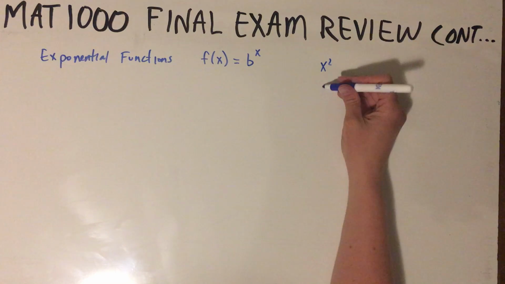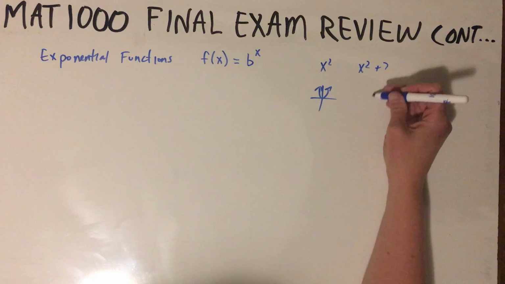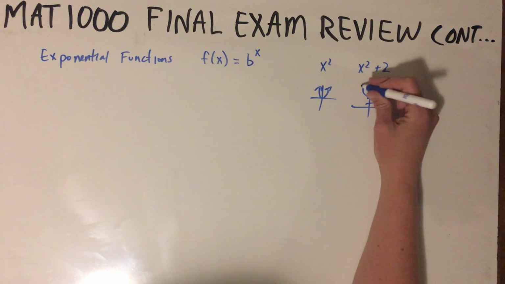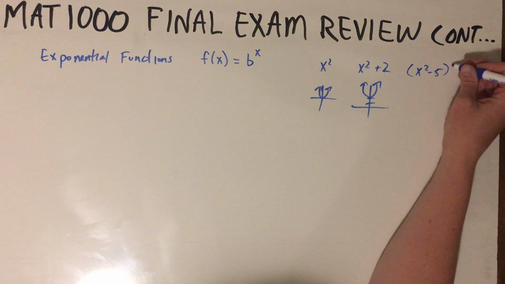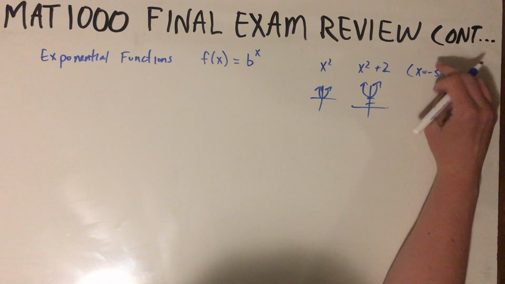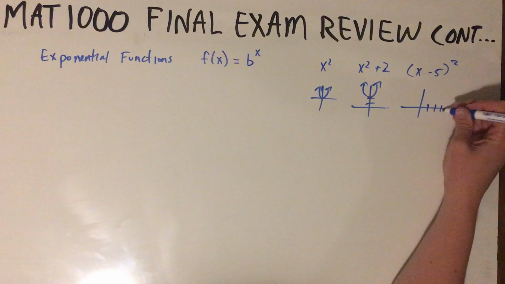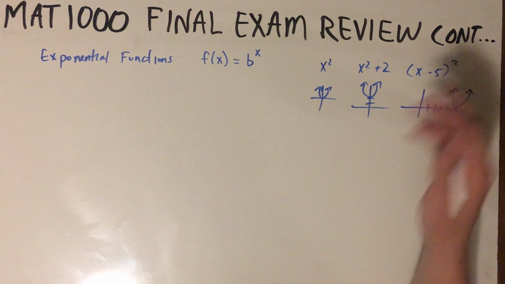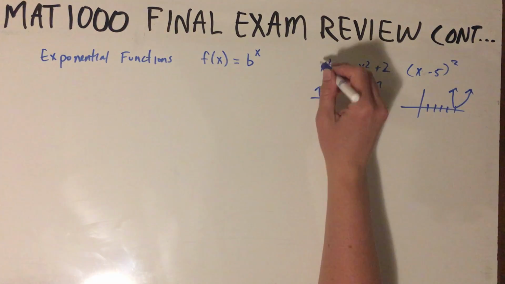If I have x squared plus 2, then that shifts everything up 2. And if I have x minus 5 squared, then this shifts it right 5.